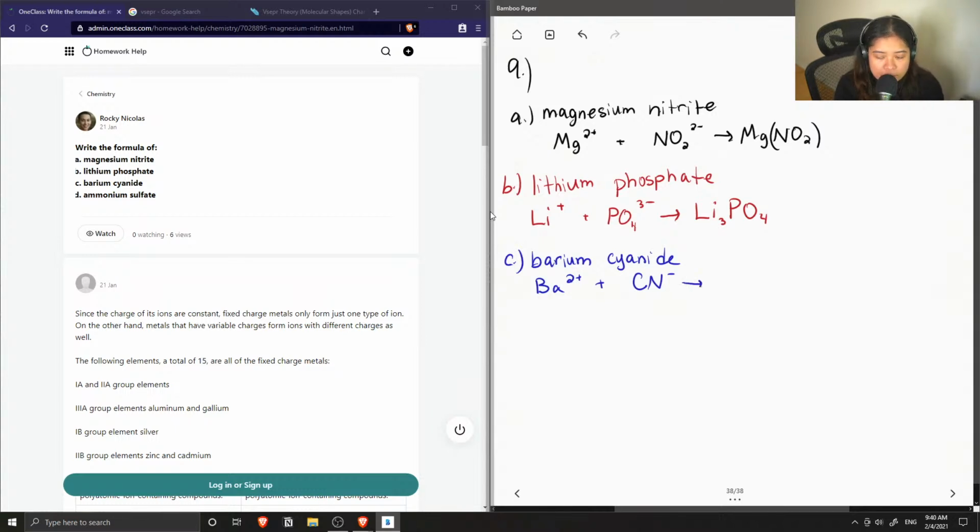So we need two cyanides to react with the barium. So its final formula is Ba(CN)2. The cyanide is in brackets since we need 2 of those ions.